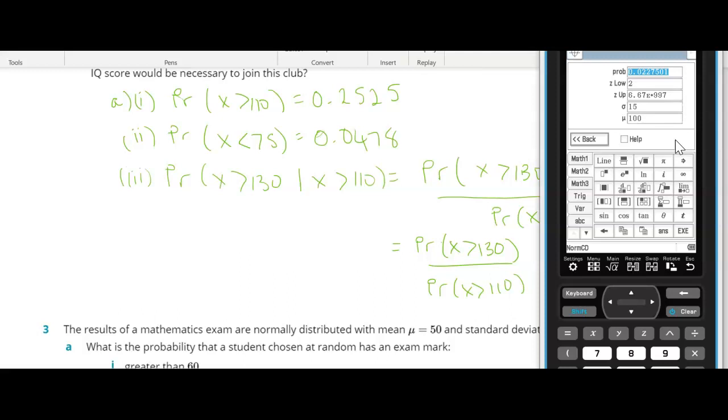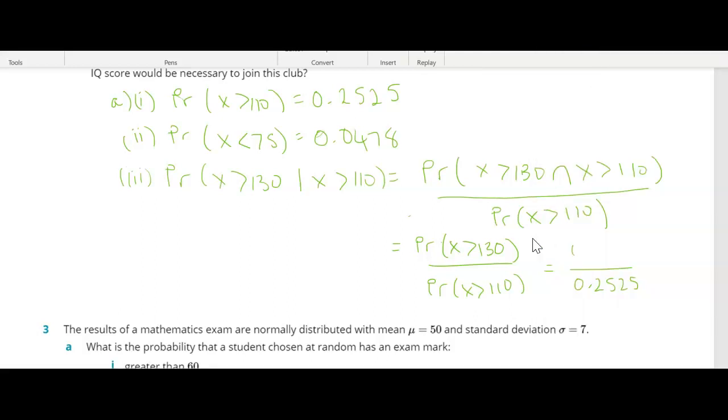All right, so what is that? 0.0228. If you wanted to, you can put that into the main screen by copying and pasting.